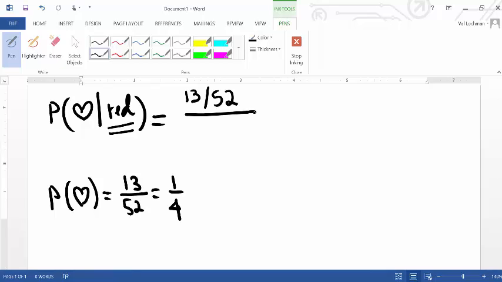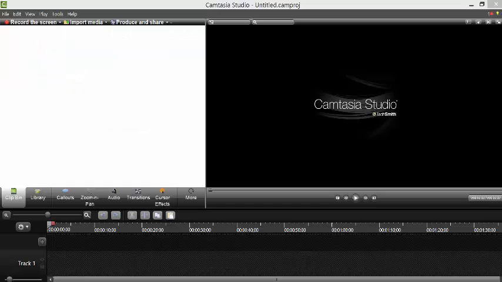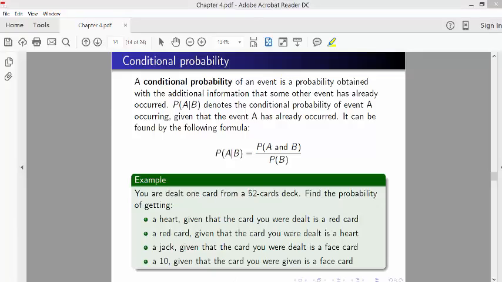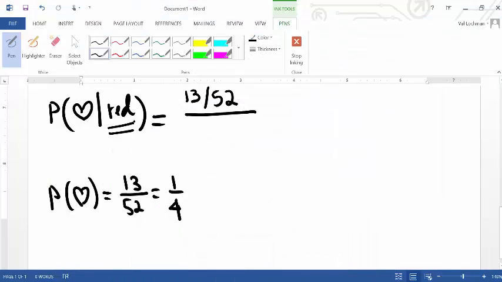Then the formula says probability of B, so that's the probability of red. How many cards are there that are red? There's 26 out of 52, right? Once you reduce this, these cancel out, 13 out of 26, that gives you 1/2.